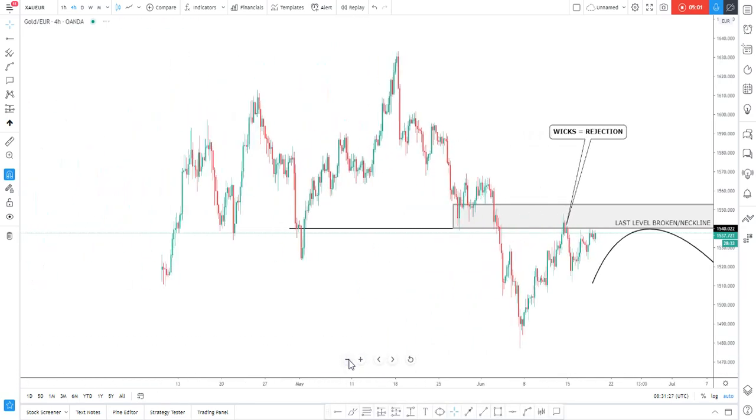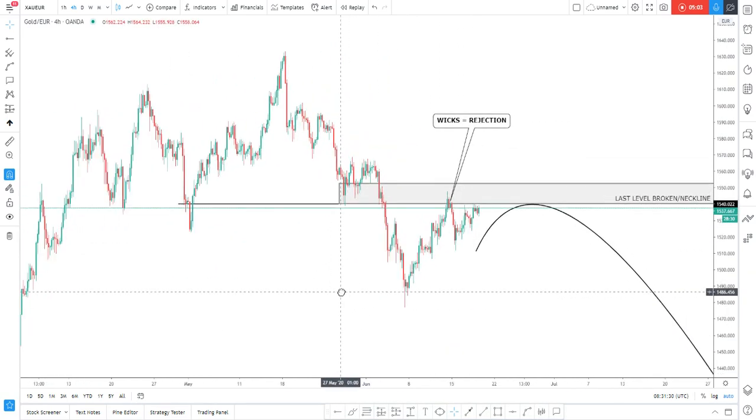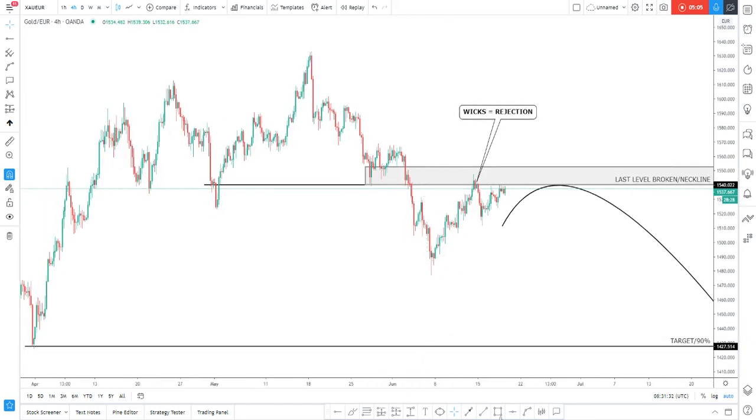Zooming out the charts to see it clearly, okay, we have a channel, a corrective channel in a downtrend. So a channel in a downtrend, we know it's just a correction with a high tendency of price breaking out to the downside.